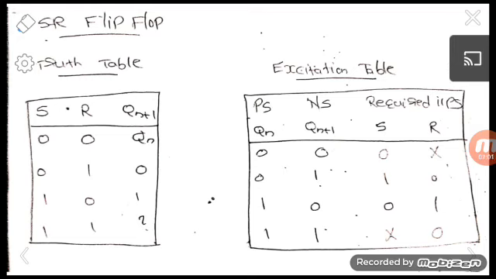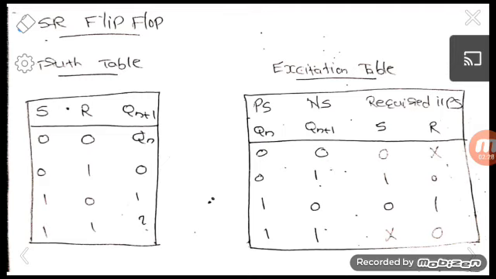And for changing the present state to the next state, what are the inputs we can apply at the terminals of a flip-flop? This is the required input for this transition. We can consider the first case, where the present state of the flip-flop is 0 and we want to remain at 0.